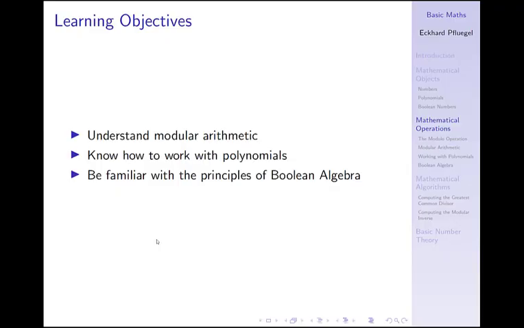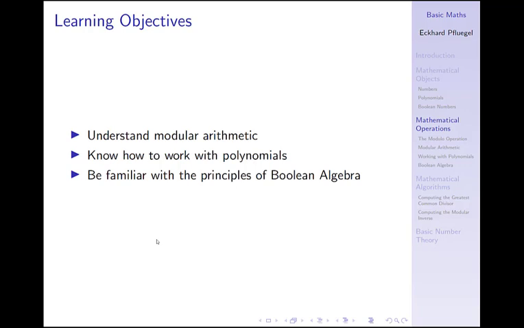It's quite specific to the use for cryptography and computer security, for the RSA algorithm, for example, and that's one of the reasons why we would like to do that. And that is then leading us to modular arithmetic, where we're going to combine the modular operator with the standard arithmetic of the integers.